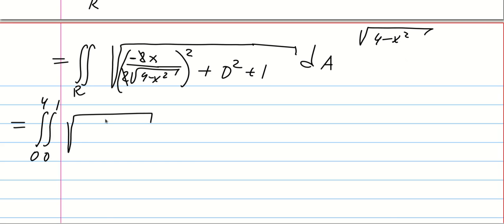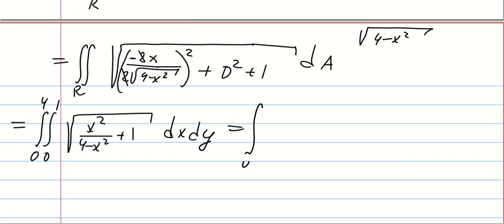If we square the expression, we get x squared over 4 minus x squared plus 1, dx dy.